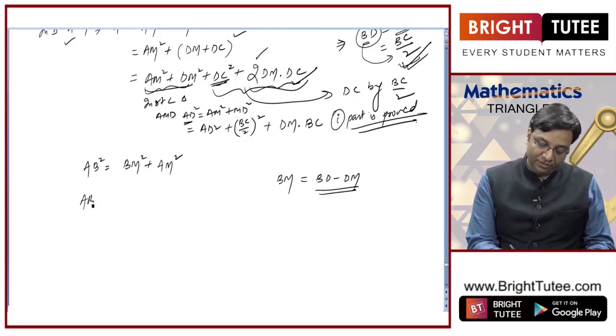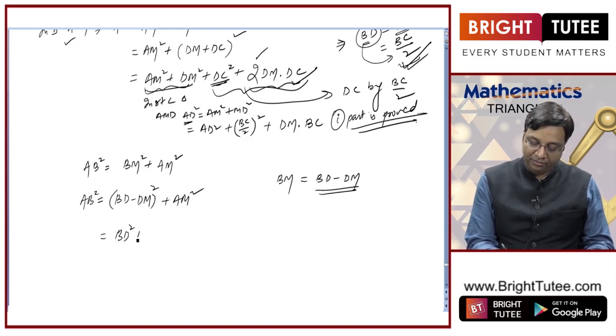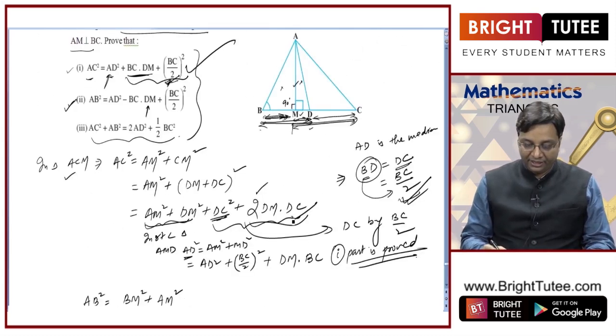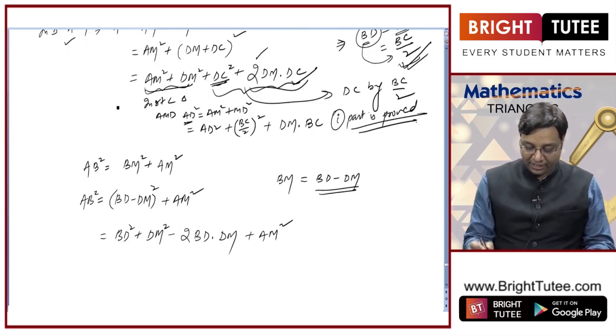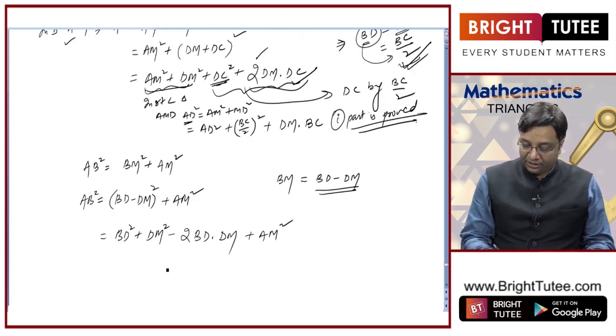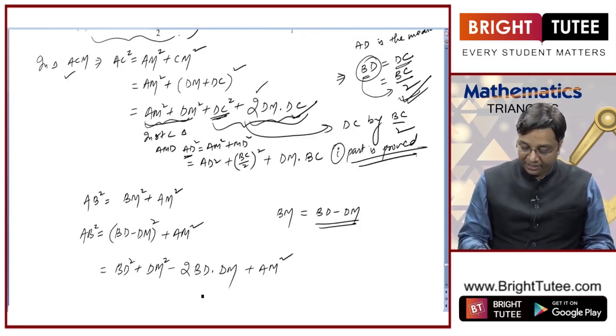So AB square will be equal to BM, that is BD minus DM squared, plus AM square. So it is equal to BD square plus DM square minus twice of BD into DM plus AM square, right? Now look at the desired result. AD square I require, but I do not have AD square here, so I need to create it. I require BC by 2 whole square. So what I can do here is simply replace BD by BC by 2.